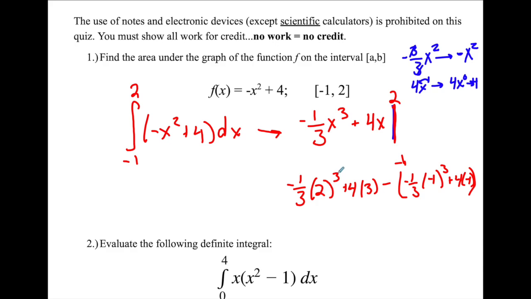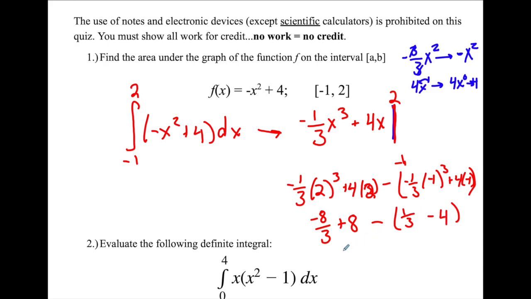So here I get 2 cubed is 8, so that becomes 8/3. 4 times, I don't know why I put a 3 there, it should be a 2. 4 times 2 is 8. I think I was looking at my exponent. Okay, and then in the parentheses, -1 cubed is -1 times a third, -1/3. A negative times a negative is a positive, so -4.